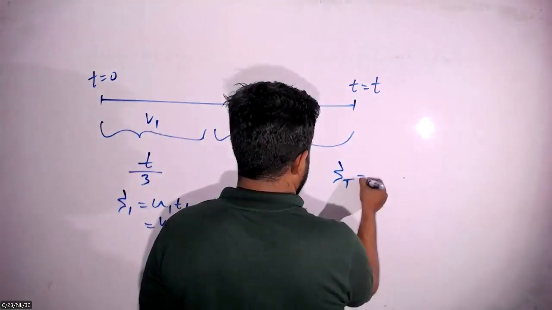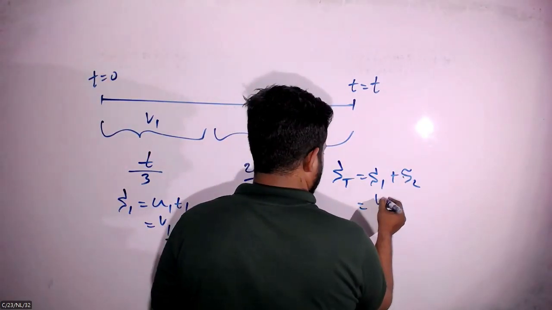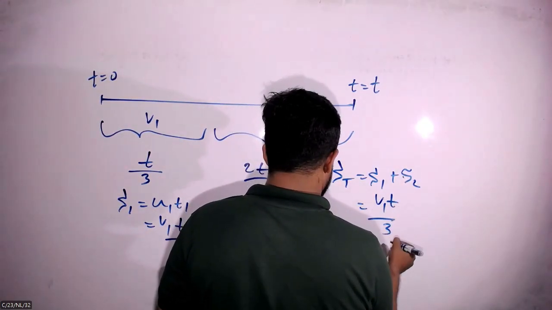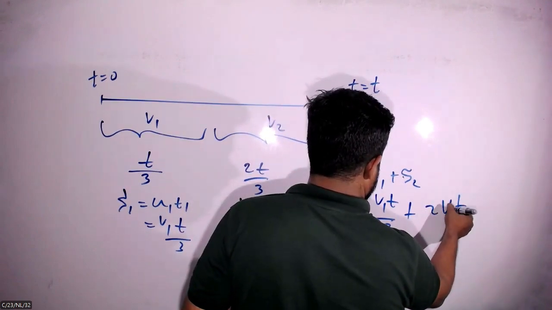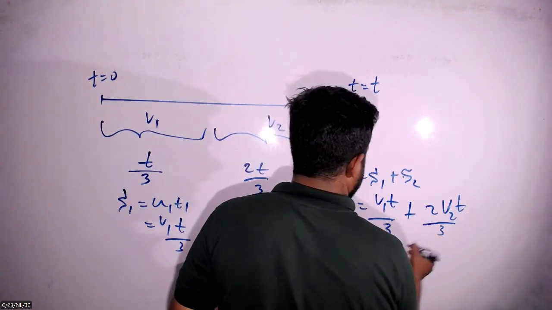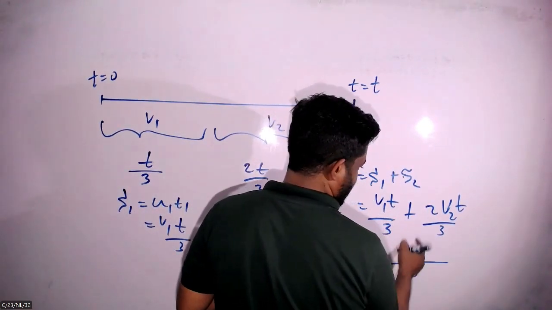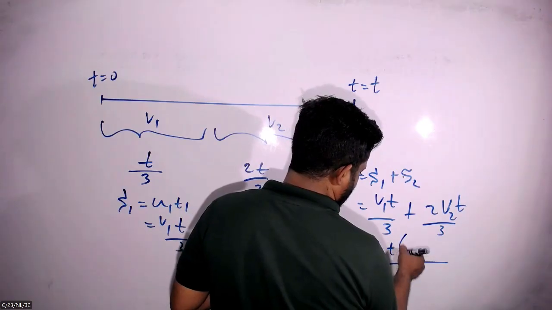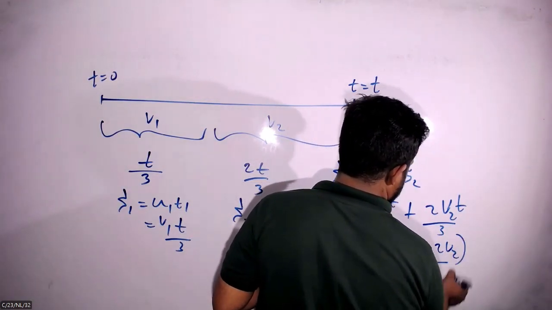S total is equal to S1 plus S2. S1 is v1 t/3, this one is 2v2 t/3. Then the total distance, 3 is a common denominator, t is a common factor, v1 plus 2v2.